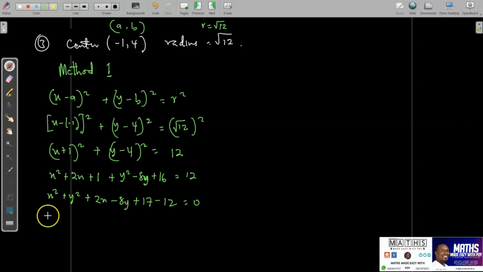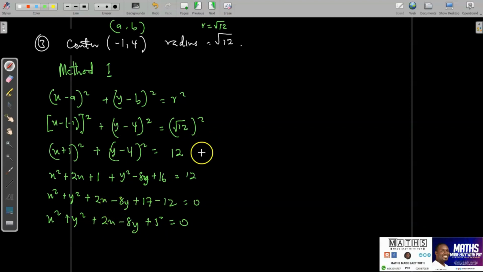So final answer will be x squared plus y squared plus 2x minus 8y, and 17 minus 12 will give us plus 5. Are you all with me? Yes, please. So this is method 1. This is how you can use the unitary method to get the answer.